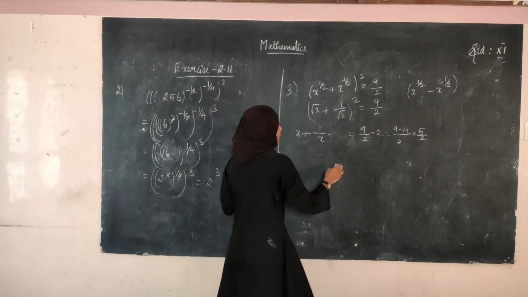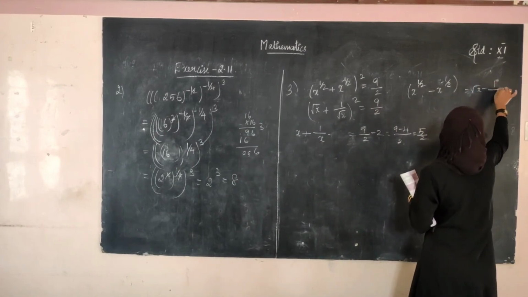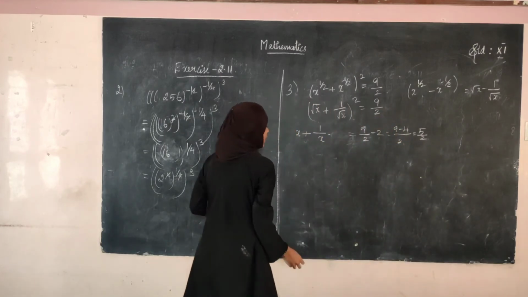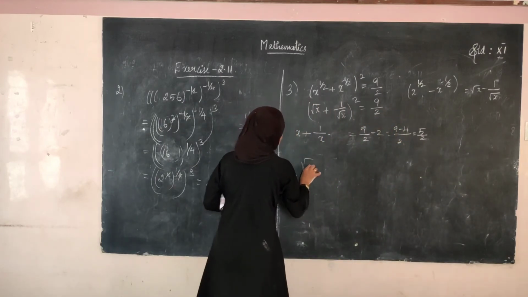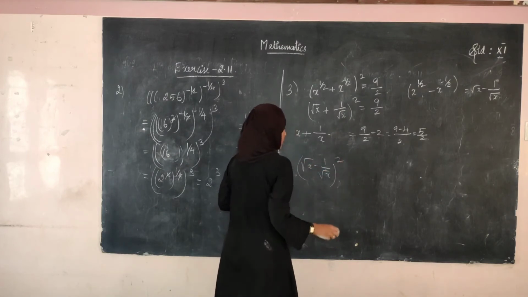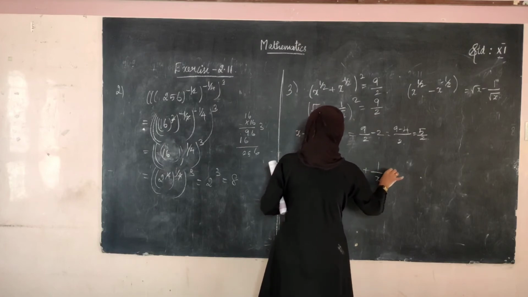Now, what we have to find can be written as root x minus 1 divided by root x. Let us find root x minus 1 divided by root x the whole square. This is x plus 1 by x minus 2.